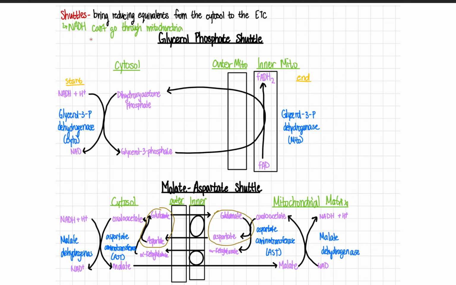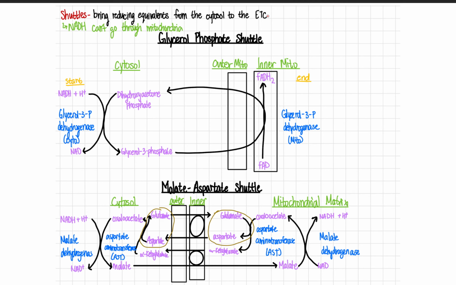In glycolysis, though, NADH is actually being produced in the cytosol, since that is where glycolysis occurs, and it needs some type of way to get it to the mitochondria. So we have two different shuttles, this Glycerol Phosphate Shuttle, and we also have this Malate Aspartate Shuttle. And this will allow for these reducing equivalents, so specifically this NADH, to go from the cytosol to the electron transport chain.